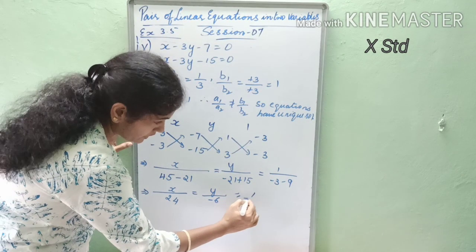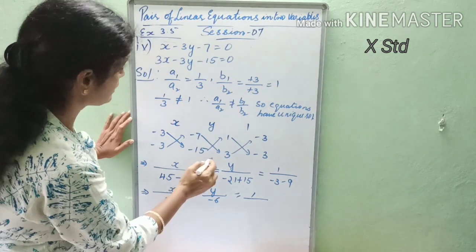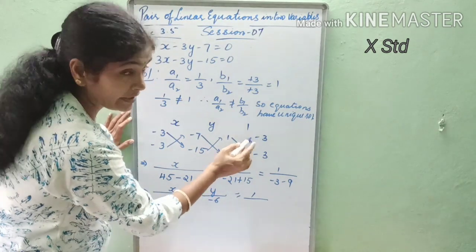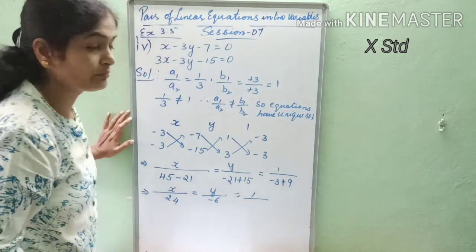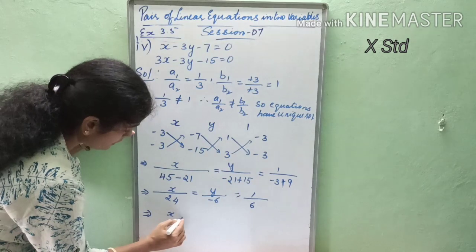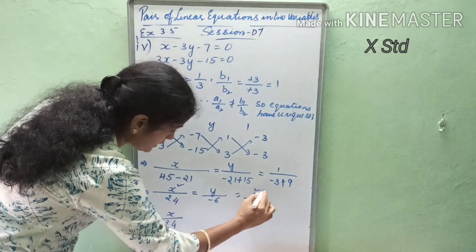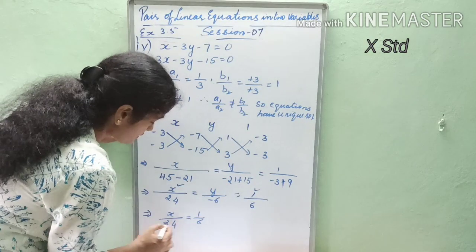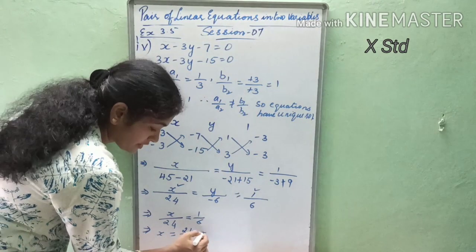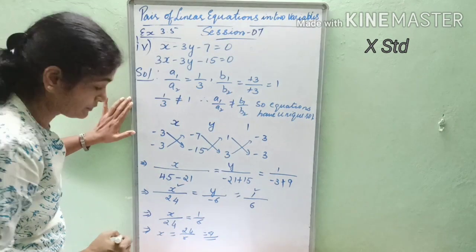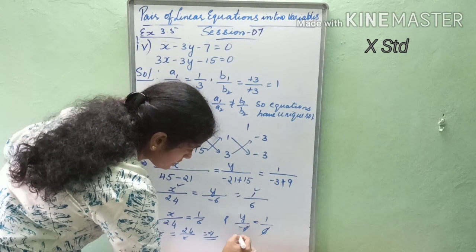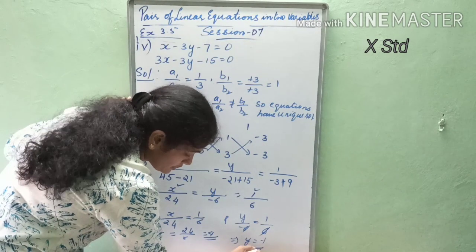equal to 1 divided... Just look at this, coefficients, are they correct? It is 3 into 3 is 9, minus 9 of minus is plus there. So this is 1 by 6. Now this implies x by 24, we are equating this and this, x by 24 equal to 1 by 6, which implies x is equal to 24 by 6, that is x is equal to 4, and y by minus 6 is equal to 1 by 6, 6 if you cancel here, y is equal to minus 1.